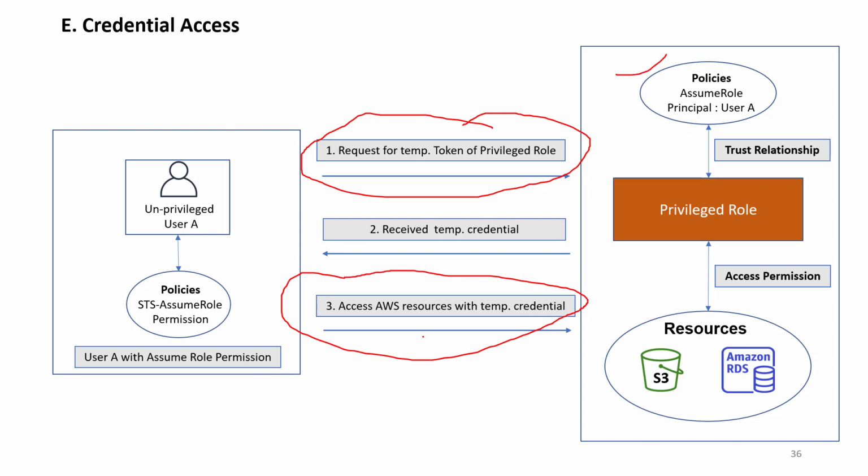That's why this is the phase in red teaming called credential access, and this is the process by which a user gets a credential using any methods he has. Here we mentioned the assume role method, or there are a lot more ways of getting credentials.